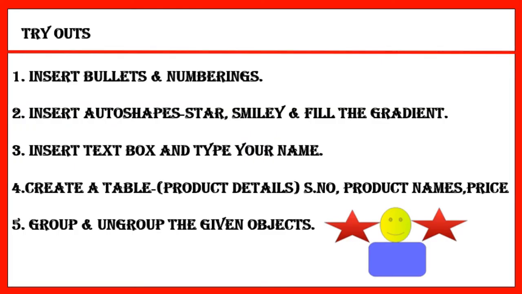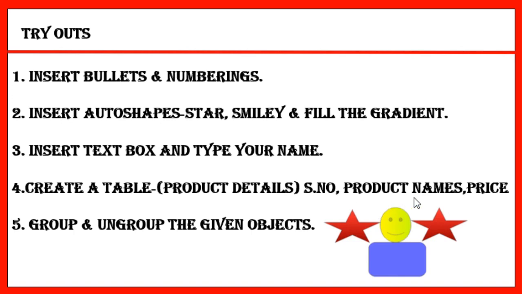Here is an activity for you. First one, insert bullets and numberings. Second one, insert auto shapes such as star, smiley and fill the gradient. Third one, insert text box and type your name. Fourth one, create a table for the product details. So the details should be serial number, product name and price.